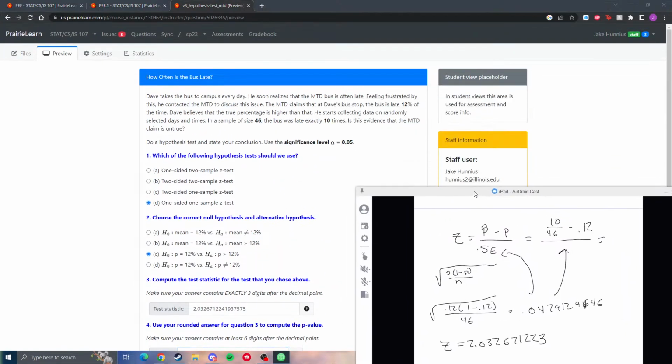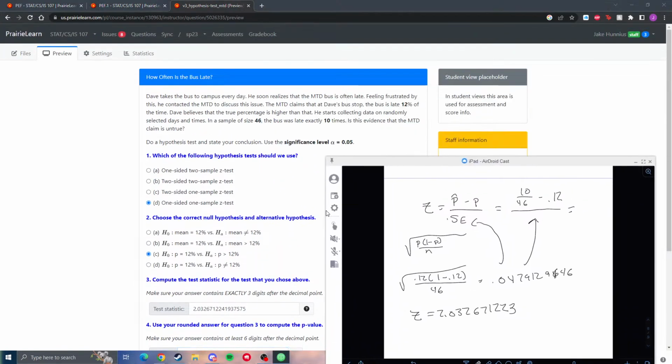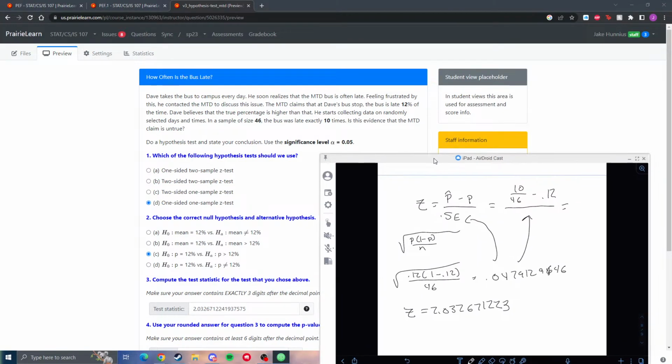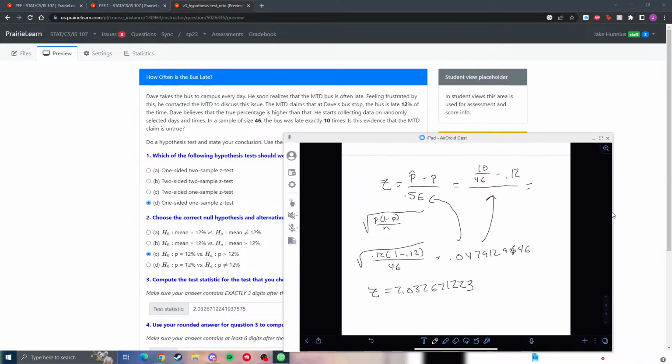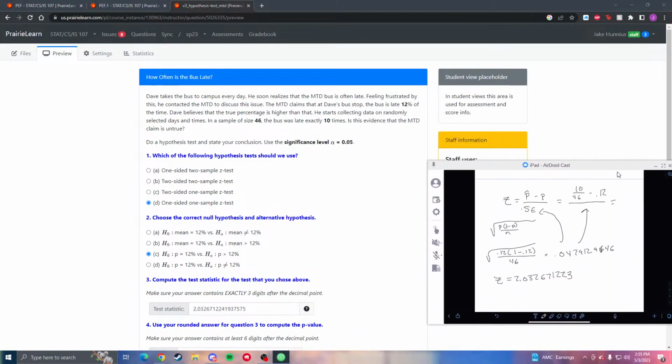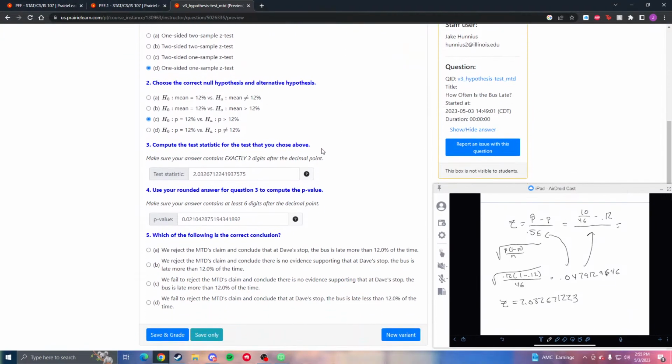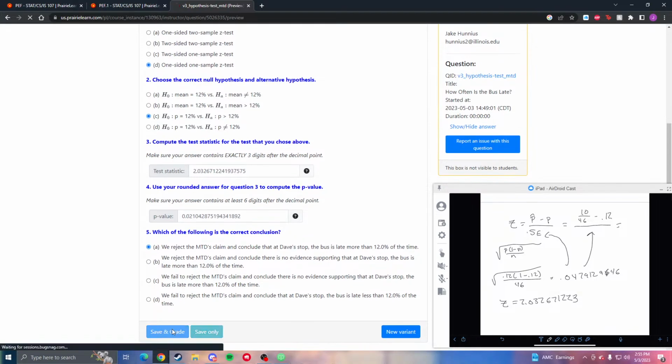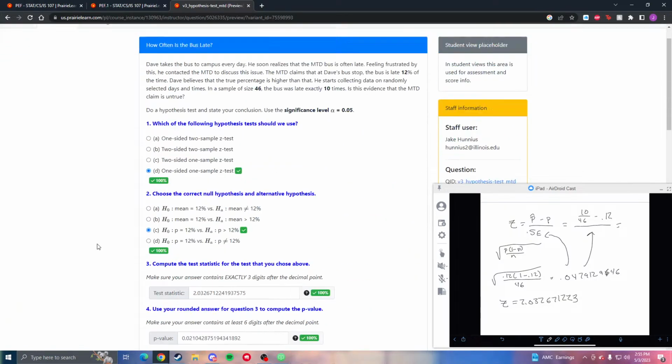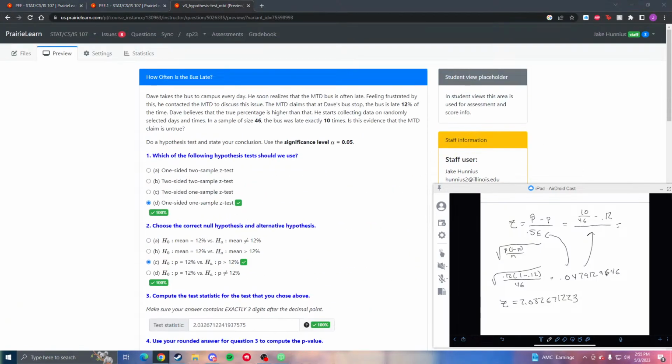Our alpha was given as 0.05, so it's smaller, so we reject the claim. So it's not C or D because we're rejecting, and there is evidence, so we can go with A. That's how you do the bus question. Any questions on the bus question?